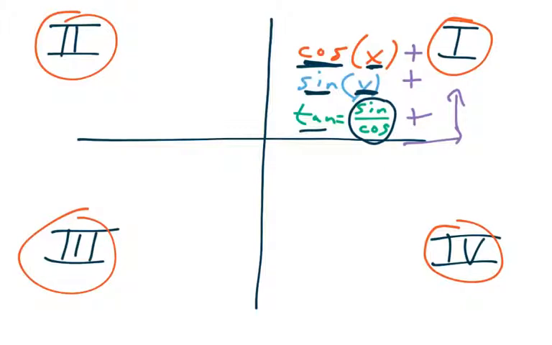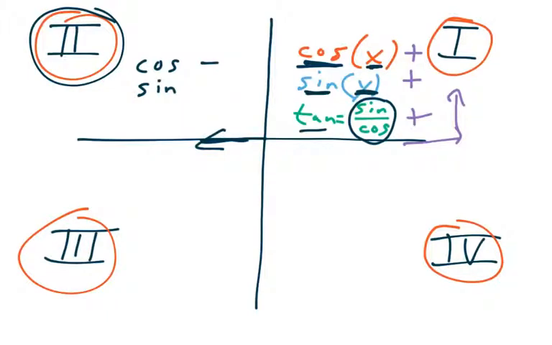If we go to quadrant 2 over here, cosine, because it's equivalent to x, is now negative because we have to go left to get into the second quadrant. Sine, being equivalent to y, is positive, because we went up to get into this quadrant.